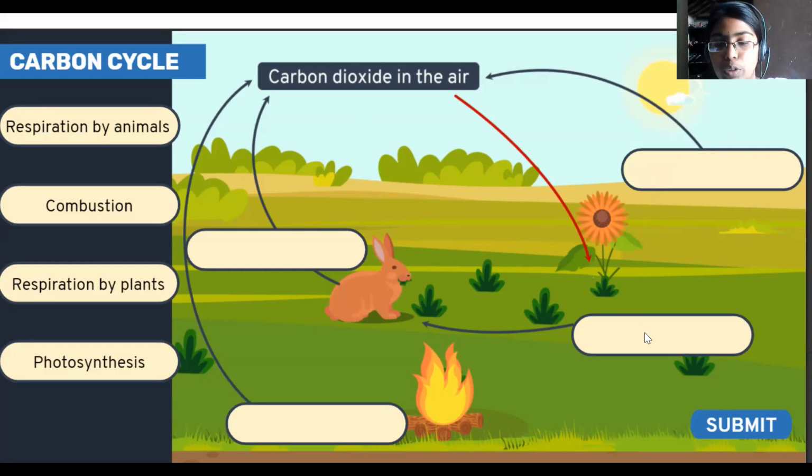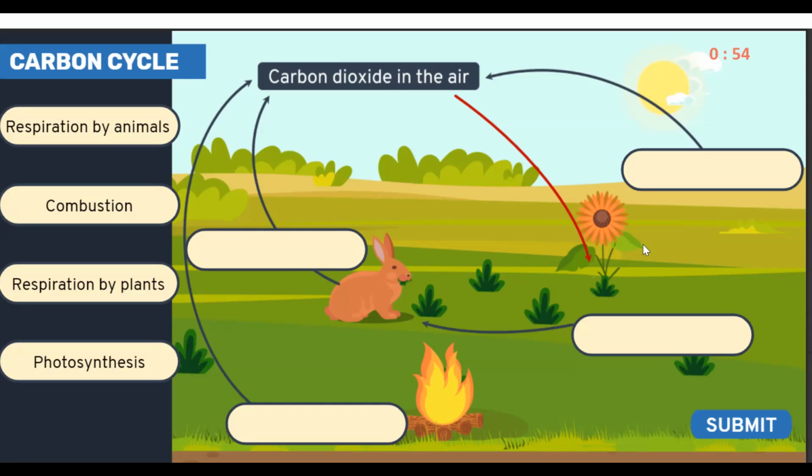Can Nandana tell me? Ma'am, near that fire, it is combustion. Okay, good. Atulyan, what is near the rabbit? Respiration by plants, ma'am. Respiration by animals. Okay, very good.